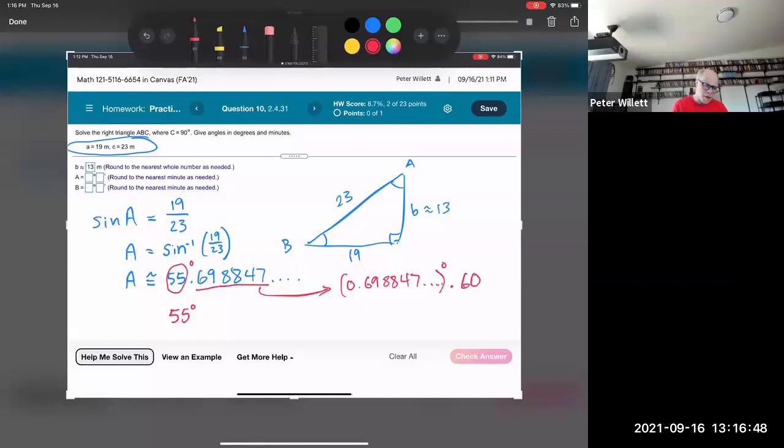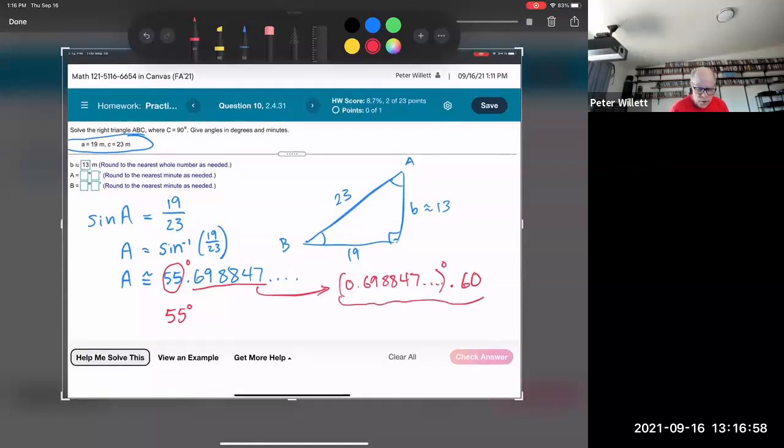And so I'm doing this on my calculator now. I'm taking that and multiplying it by 60. And it's telling me that this product is 41.930, et cetera. And that's how many minutes that portion of a degree translated to.